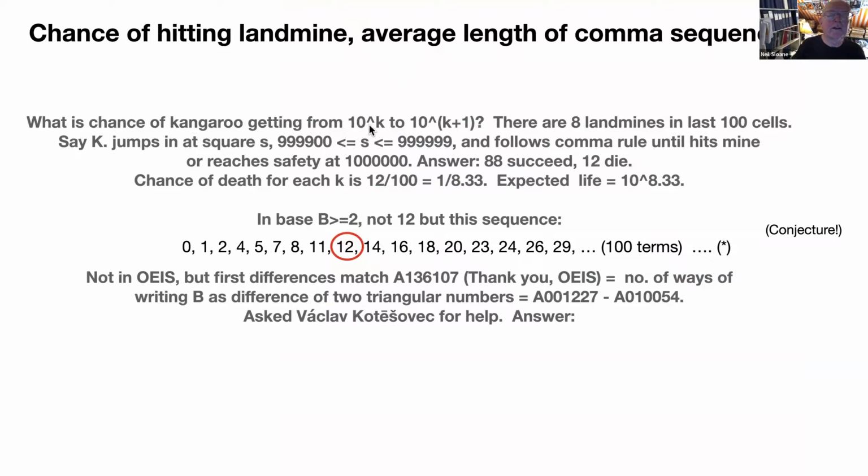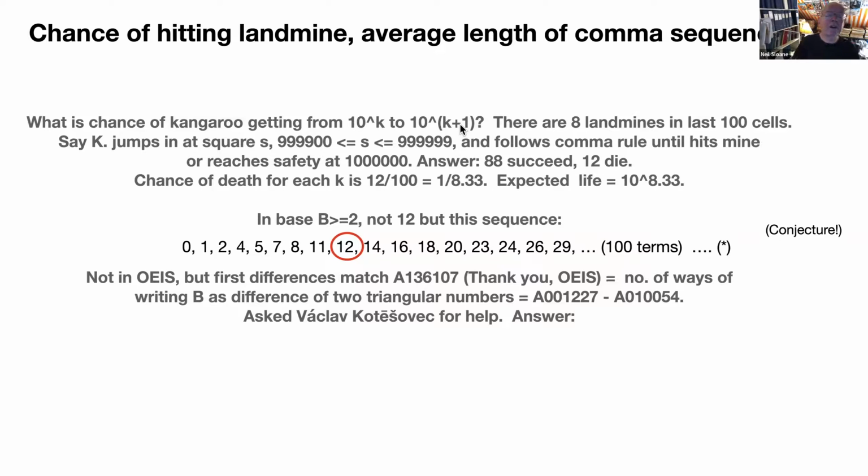The kangaroo, from 1 power of 10 to the next, I call that a century, the period from 10 to the k to 10 to the k plus 1. What's the chance that the kangaroo, once it gets past 10 to the k, will make it all the way to 10 to the k plus 1? It will, if it doesn't hit a landmine. There are 8 landmines, and they're all in the last 100 cells of that range.